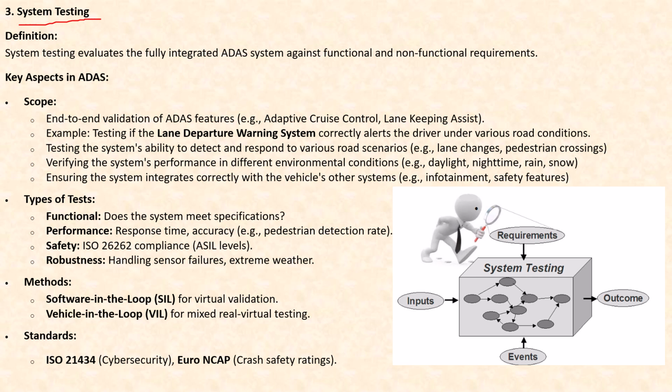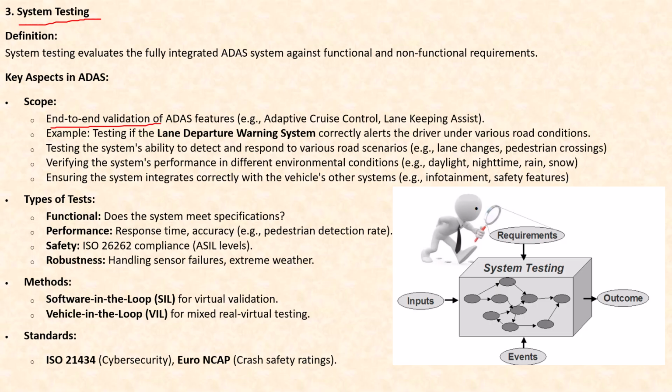Functional means some kind of technical actions, and non-functional means it is something to do with the compliance and something to do with the regulatory requirement. Now key aspects in ADAS: end-to-end validation of ADAS features, adaptive cruise control, lane keeping assist. So this comes under the scope of the system testing. Understand this word very carefully.